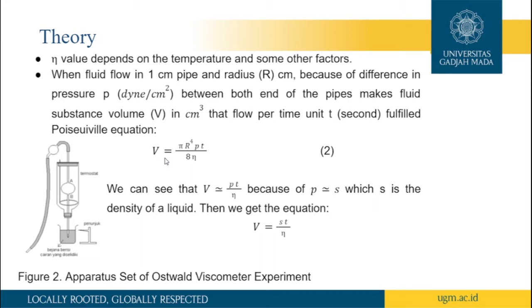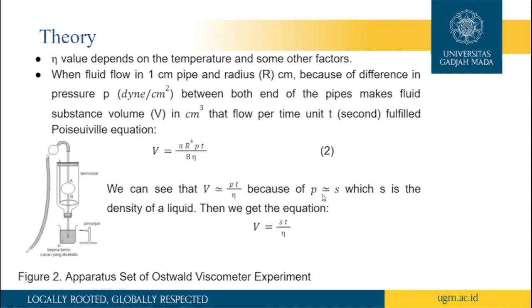So the volume V is equal to pi times the radius to the power of 4 times the pressure P times the flow time t, divided by 8 times the length h times eta, the viscosity value. We can see that the volume is proportional to the pressure and the flow time, and inversely proportional to eta, the viscosity value.